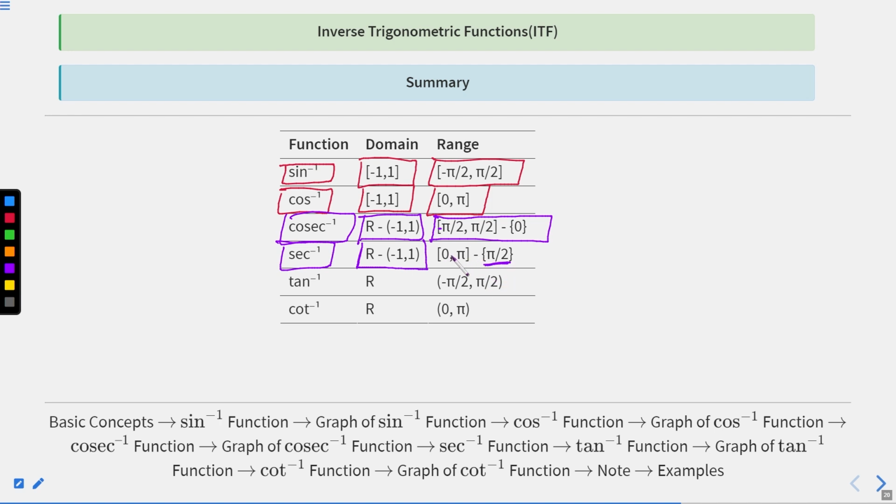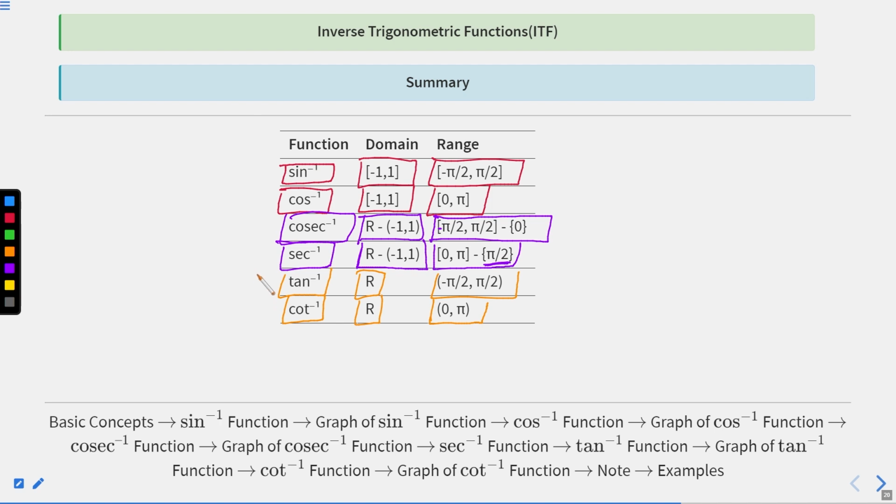Now, in the tan inverse function, the domain is the whole real number set R and the range will be the open interval minus pi by 2 to pi by 2, and for cot inverse, the domain remains the same, the whole set of real numbers, and the range will be the open interval 0 to pi. Okay, I hope that you understood everything clearly.